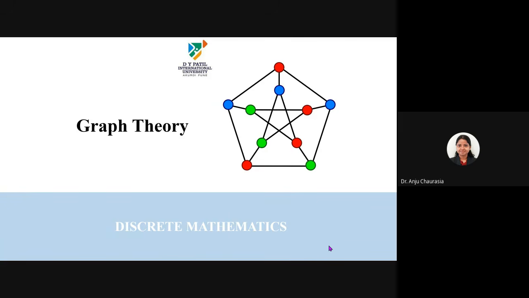If some relationship is there, suppose, you can see this picture. There are 1, 2, 3, 4, 5, and 1, 2, 3, 4, 5, 10 nodes. Suppose there are 10 members in a very big family, a combined family.